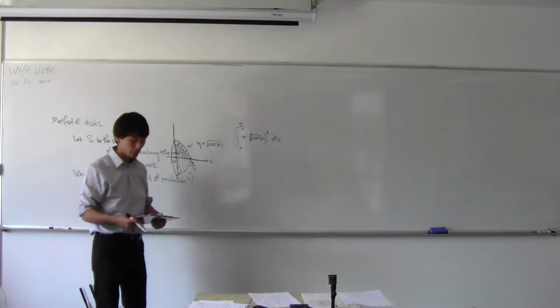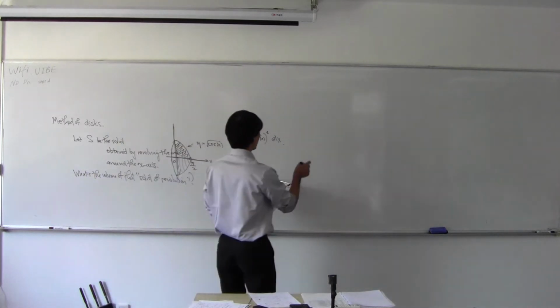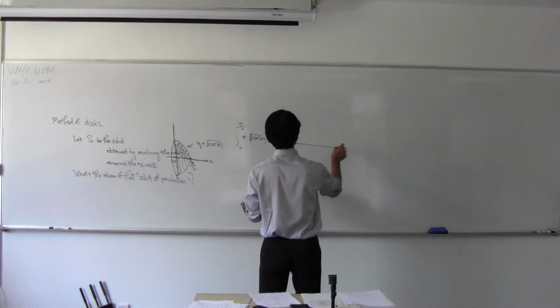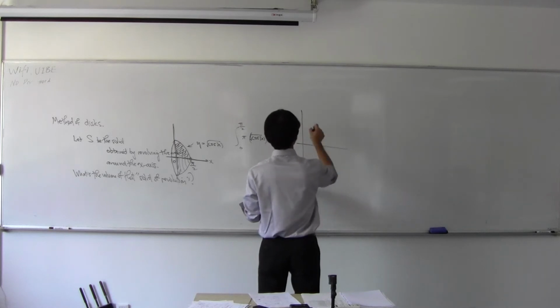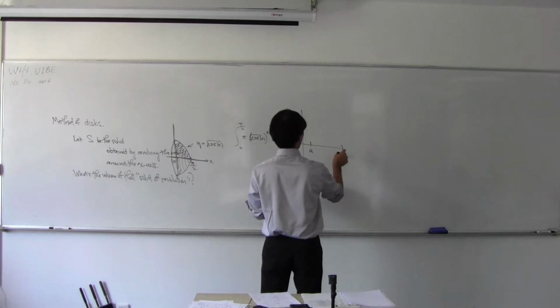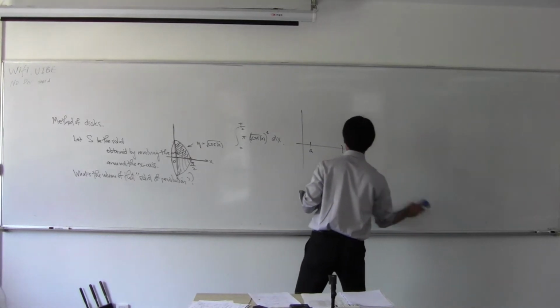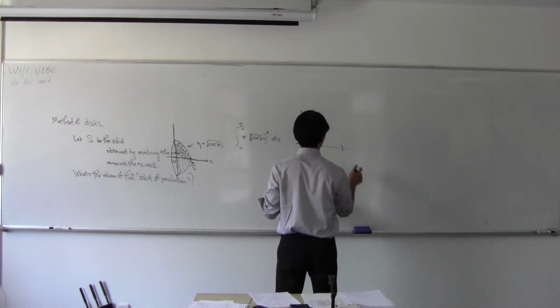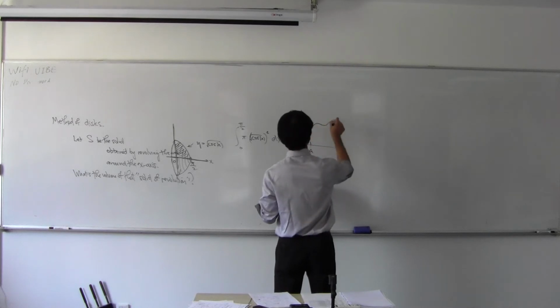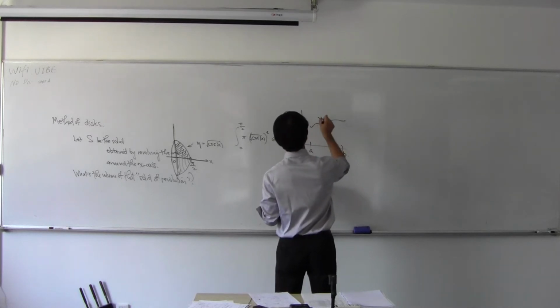So this sort of thing. Right. So the thing is like this: somebody gives you a curve between A and B, right? Somebody gives you the curve of some function, y equals f of x.